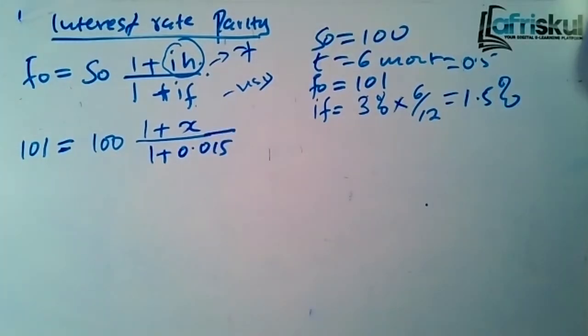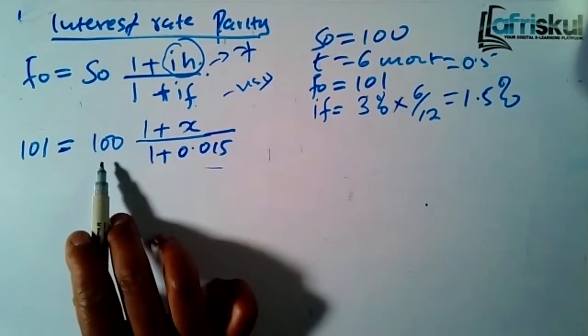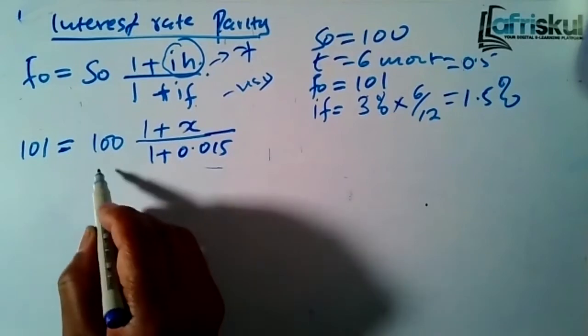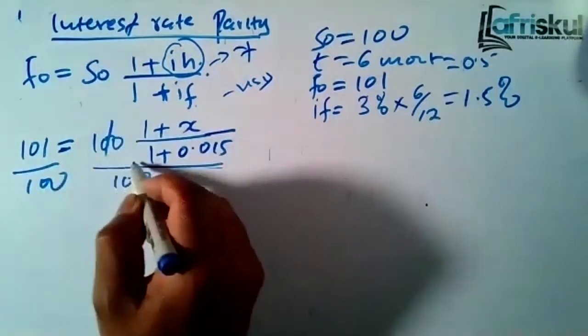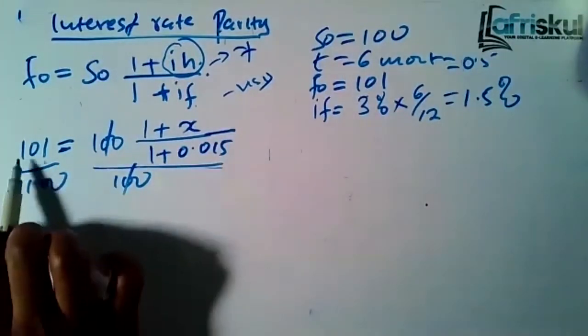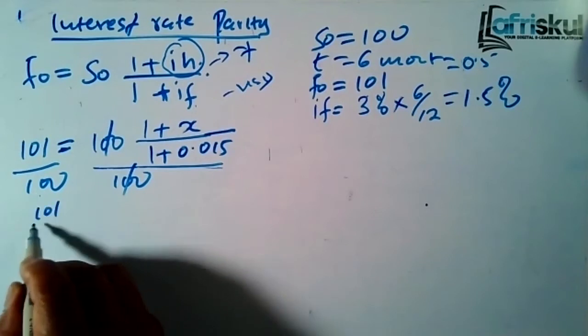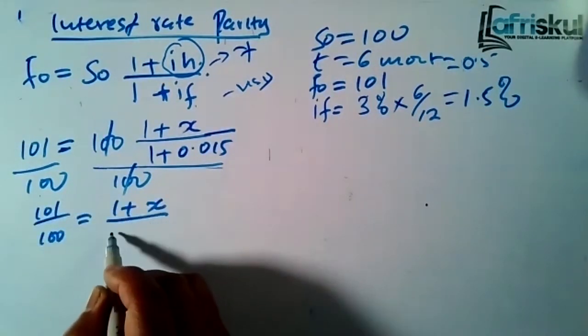Now you cross multiply. First of all, you divide both sides by 100, so that 100 goes, and 101 over 100 is equal to 1 plus x, divided by 1 plus 0.015.